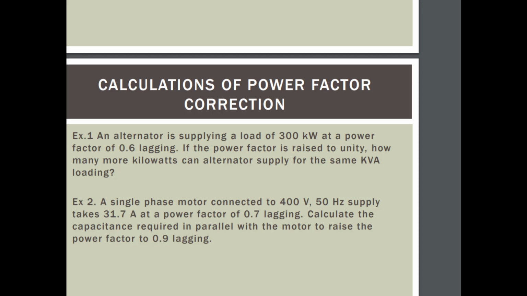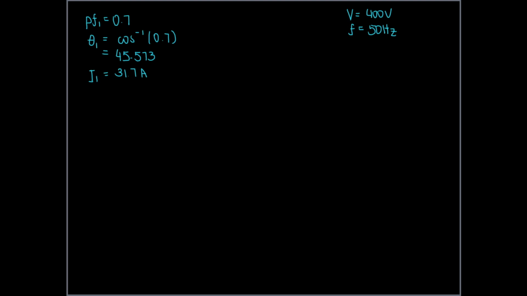Calculate the capacitance required in parallel with the motor to raise the power factor to 0.9 lagging. So we now have a new power factor here, which is equal to 0.9. And if the power factor there is 0.9, then we could probably solve now for delta 2. This is PF2.